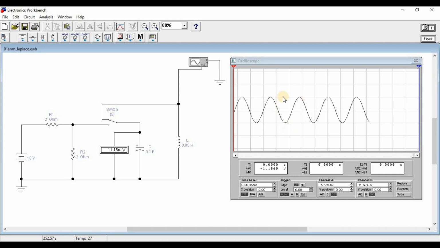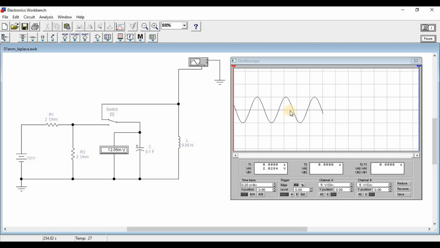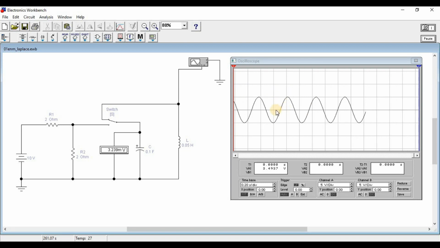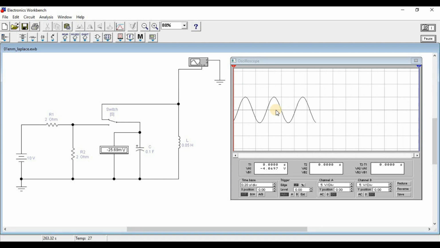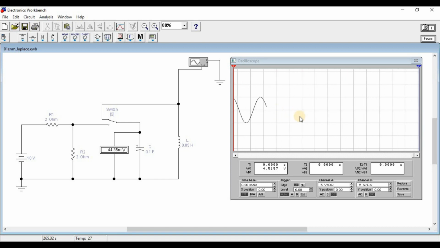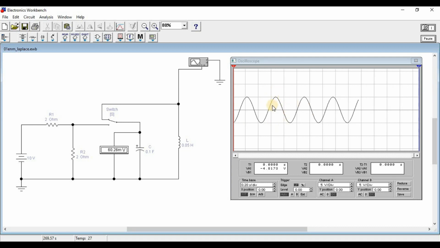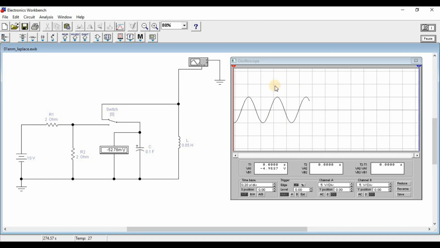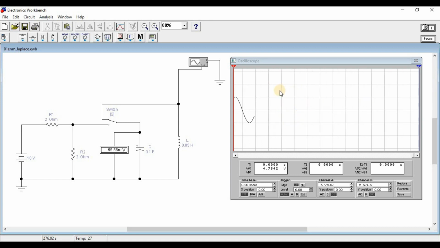Okay, we noticed that the waveform started at 5 volts at time equals 0, and that is correct because we have a cosine function in our equation. Okay, let's measure the amplitude of the waveform.